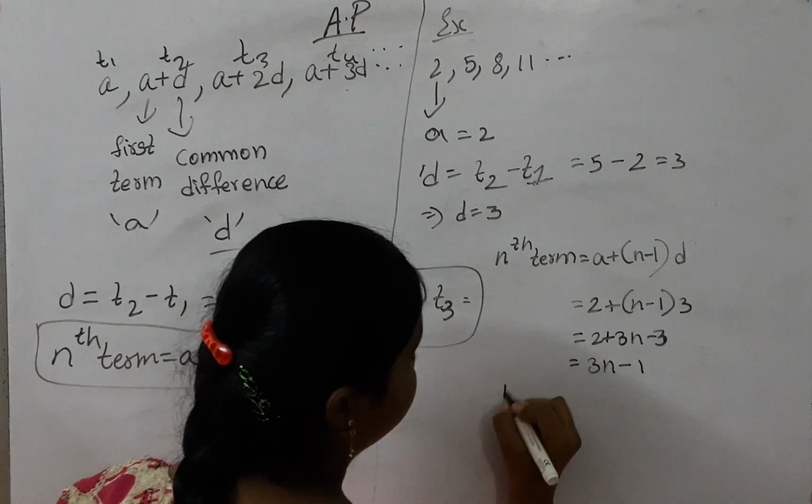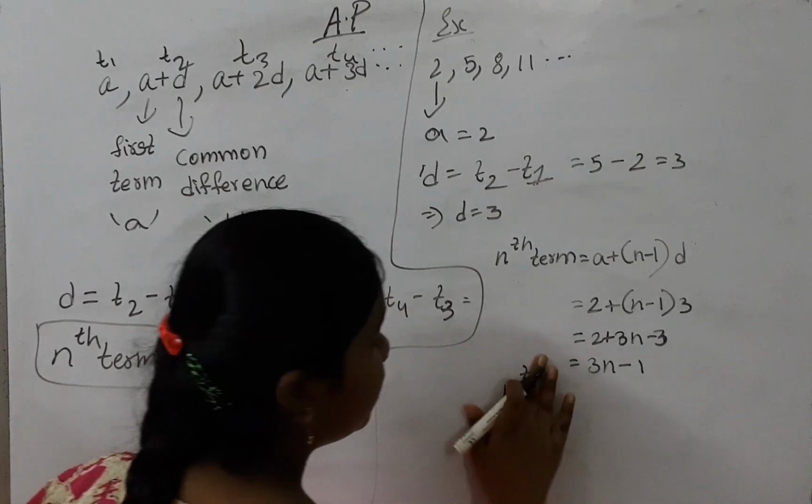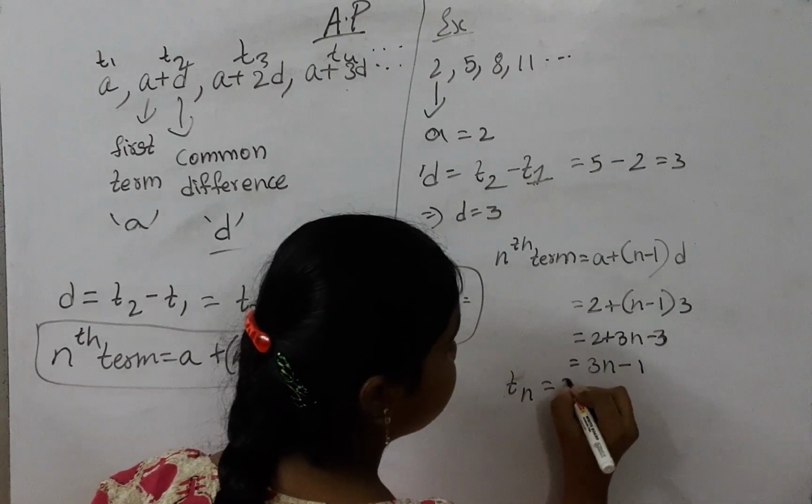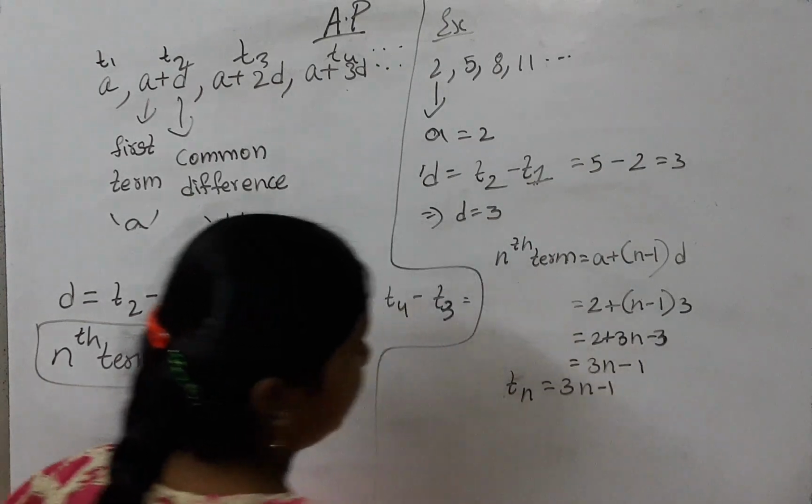This is the nth term. The nth term is denoted by Tn is equal to 3n minus 1.